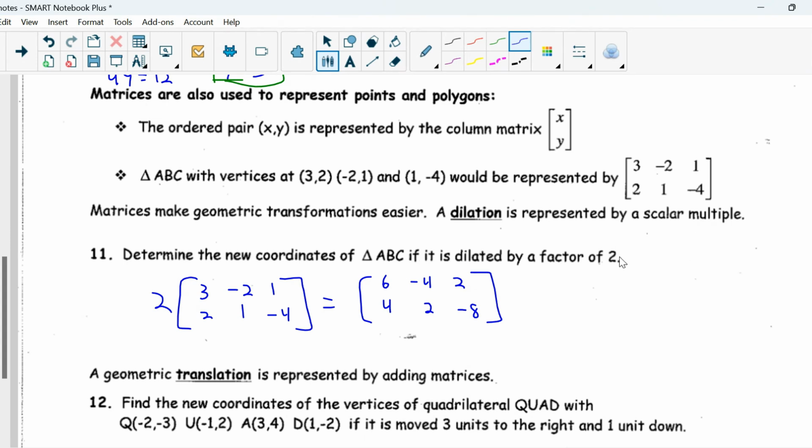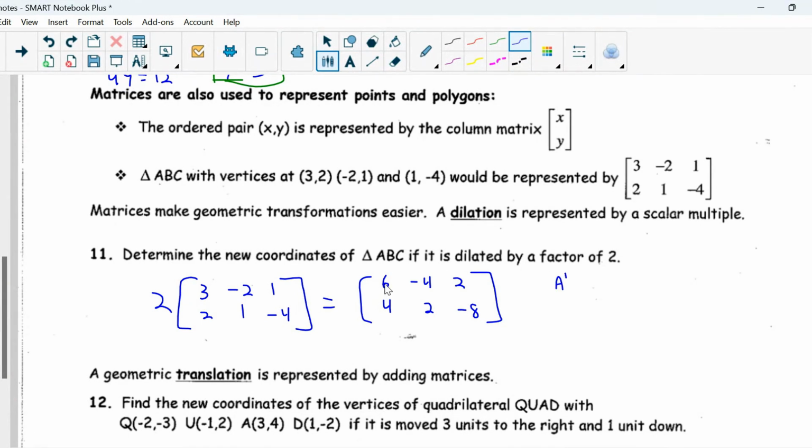So when we are doing a transformation of a polygon, we write each of our vertices as A prime, B prime, C prime, so on and so forth. Let's go back just in case we need the space here.